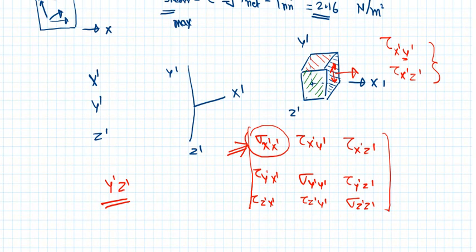On which plane? The plane is the x dash plane. So on the x dash plane there are two possibilities to apply the force, either in y or z. So you will have two components of shear. But what have we calculated? We have calculated the shear in the z dash plane, the maximum value, with this procedure.